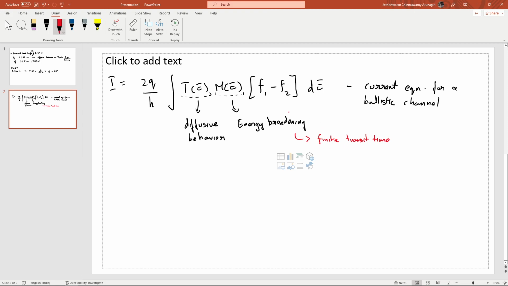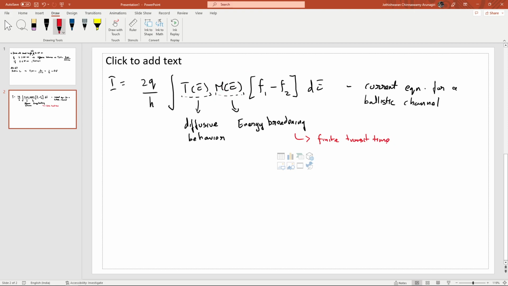So this is the connection: because the electrons spend only a finite amount of time in the channel, in a ballistic channel, the energy levels are actually broadened according to the Heisenberg uncertainty principle. So that is where we get this idea of modes from.